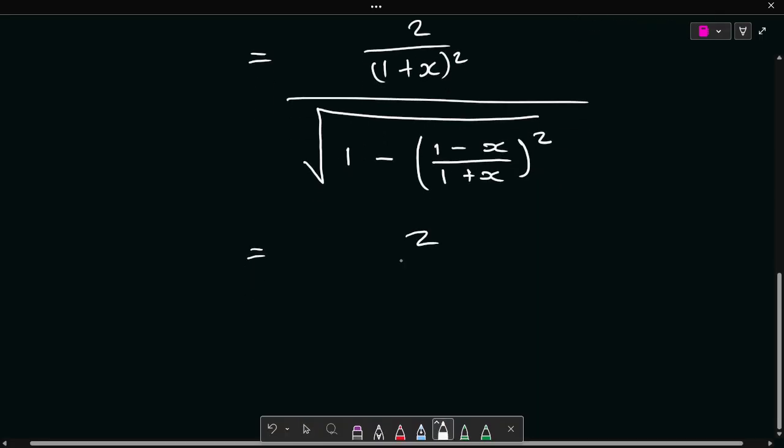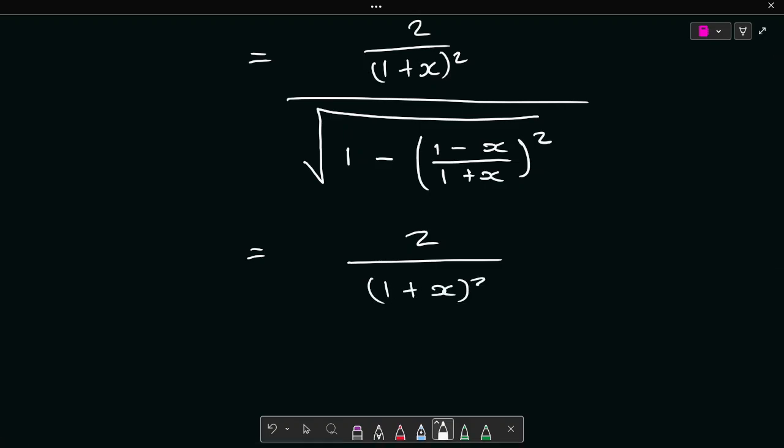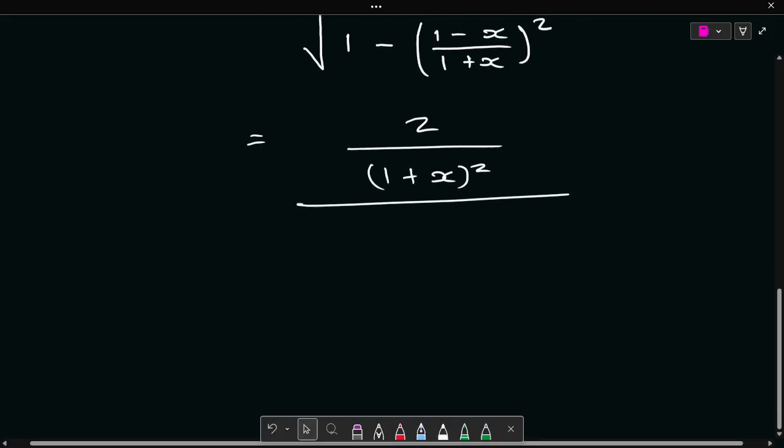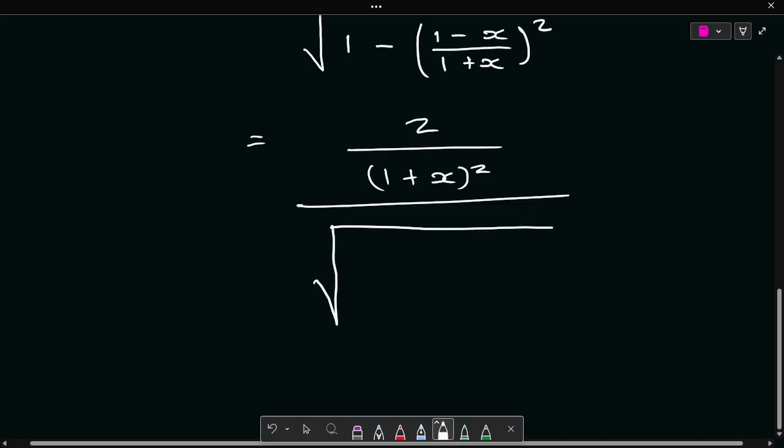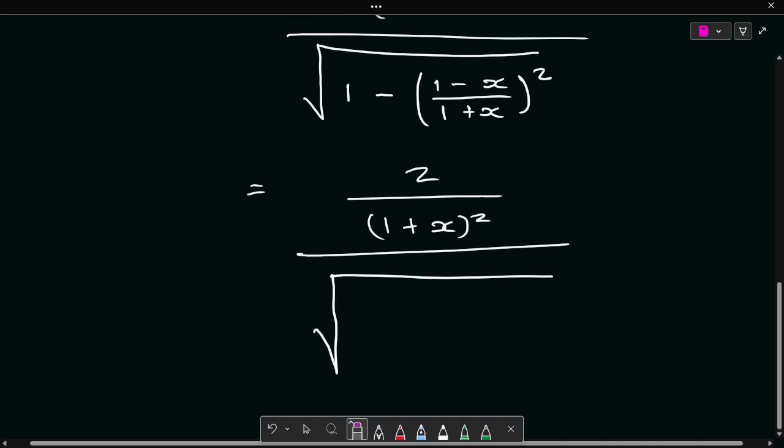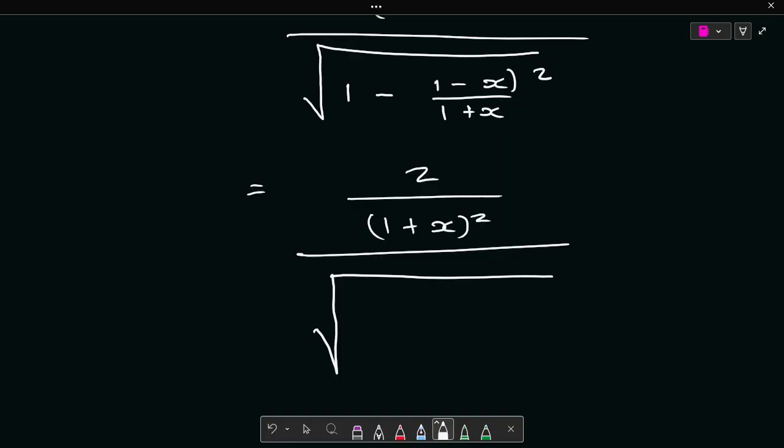So we have our 2 and 1 plus x squared. Now let's deal with what is inside the square root. We're going to write it like this. Once we write it like that, we're going to do cross multiplication.